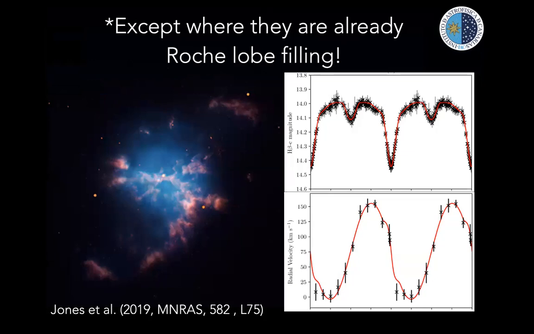And this is quite an interesting system in itself, because it means that as the system begins to relax, as the primary shrinks back inside its Roche lobe and the orbit begins to decay, there's a strong likelihood that it will begin to transfer material backwards onto the central star of the nebula.